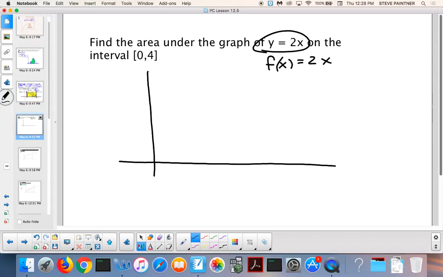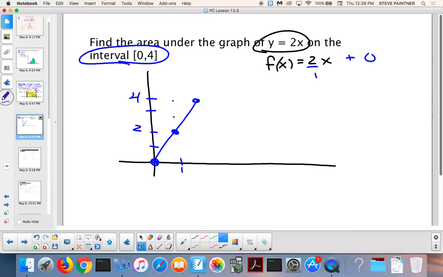It is a line with a y-intercept of 0. The slope is 2 over 1, so we go up 2 over 1, up 2 over 1. Now you have an interval of 0 to 4: 0, 1, 2, 3, 4.